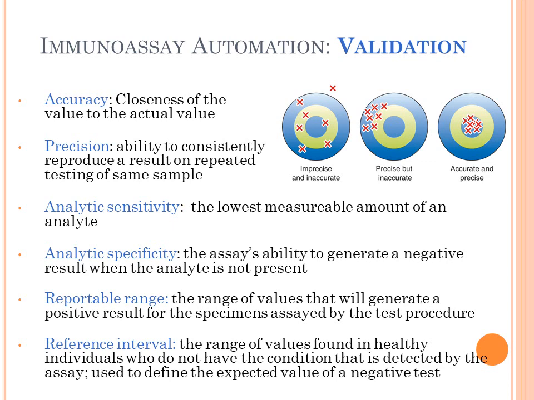These are defined a little bit differently here, but they absolutely mirror what we learned about sensitivity and specificity earlier. The reportable range is a determination of just how high and how low are the values that you can detect and feel that they're correct.